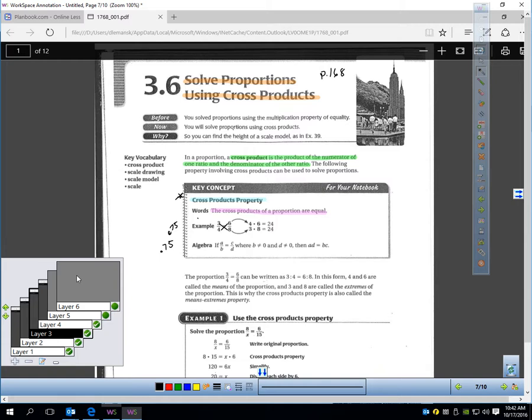So these are two equal fractions. Do you notice if you multiply the cross products, 3 times 8 is 24, 4 times 6 is 24. The cross products of a proportion are always equal. I'm just going to double underline this. They're always equal if the proportion is a true proportion.